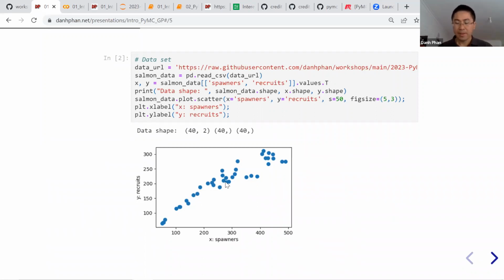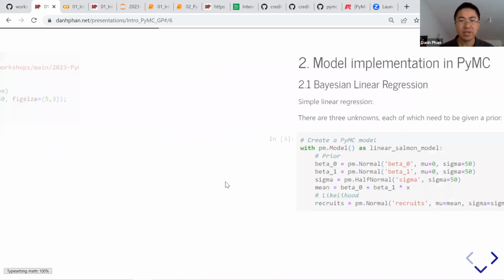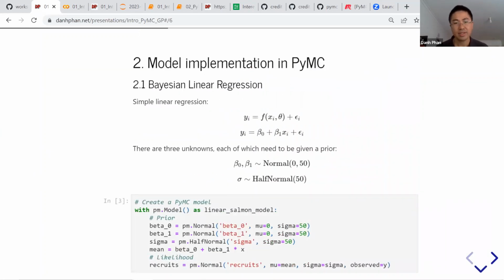And first we can do a simple linear regression, right? Like we discussed before, if we assume that f(x_i, theta) equals beta 0 plus beta 1 x_i, and we have some assumptions about our parameters, beta 0 and beta 1 will have a normal distribution with a standard deviation of 50, and sigma here is also a half normal, because sigma is the standard deviation and it needs to be positive.